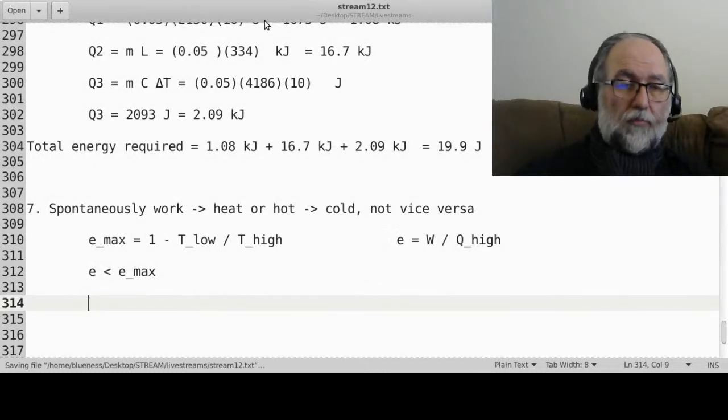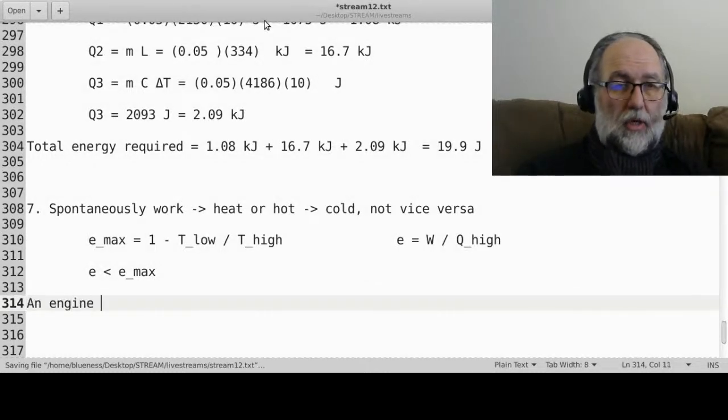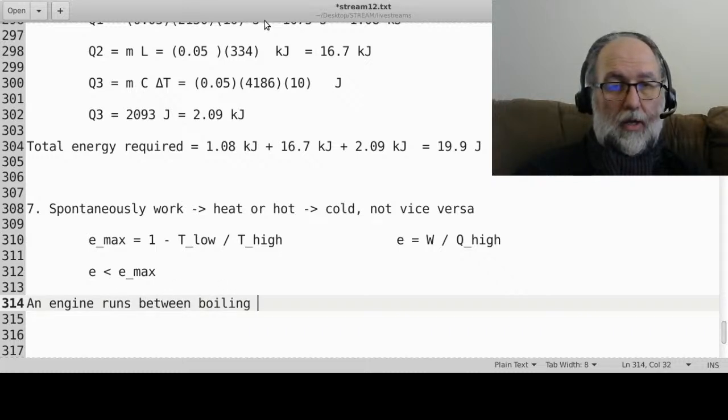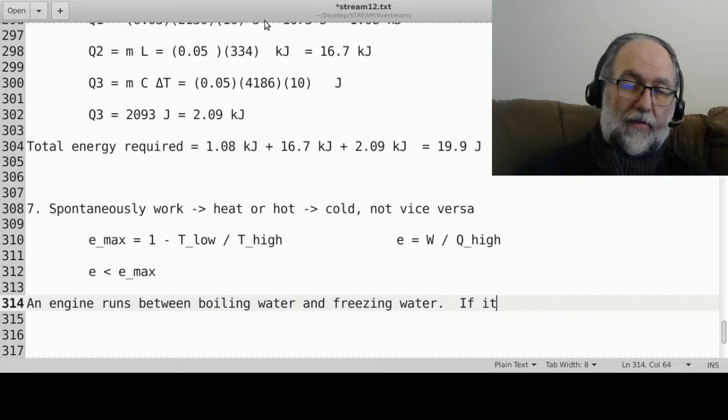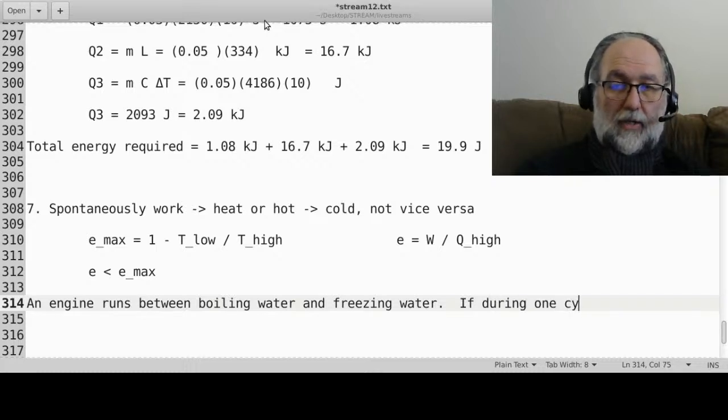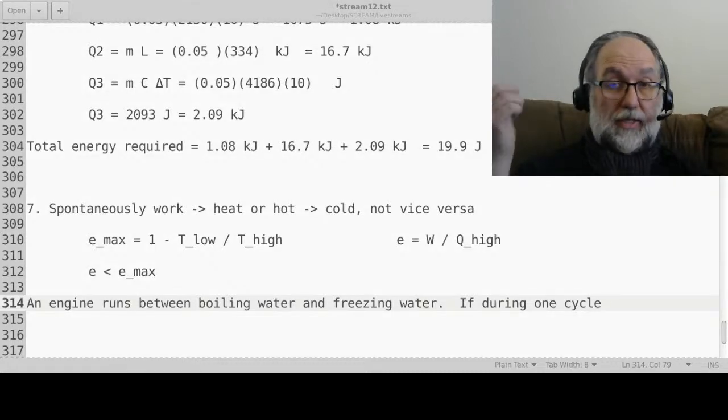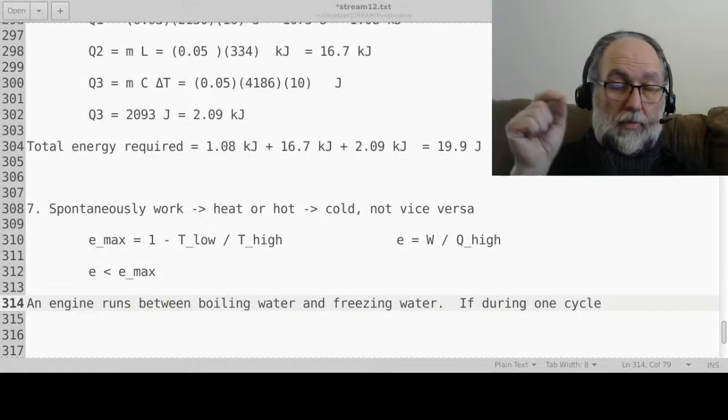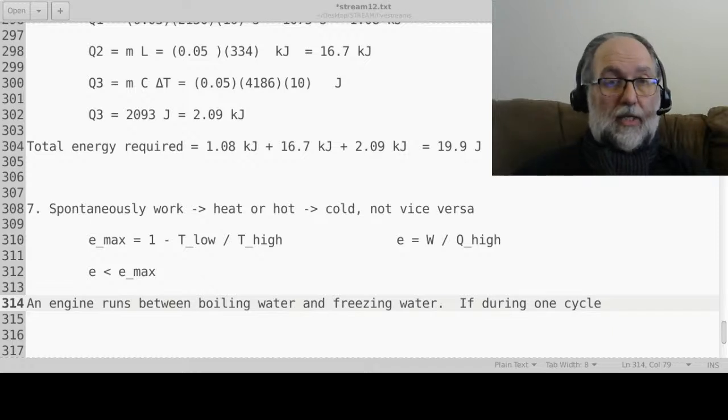Let's do this. An engine runs between boiling water and freezing water. So those are your two temperatures. If during one cycle, because these engines run cyclically, like your car is a heat engine, it's got a piston in it, it just cyclically converts heat into work.